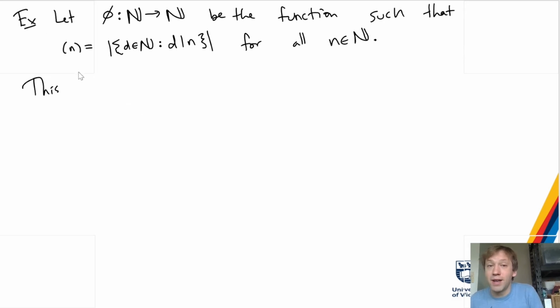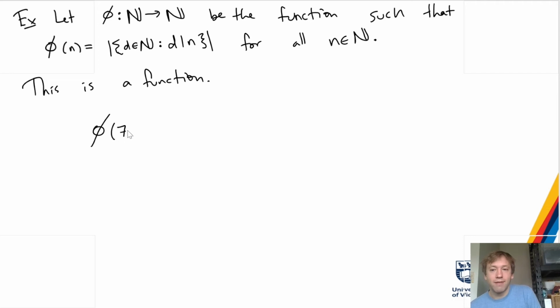So this should be phi of n is equal to that. And in some sense, this is a sort of formula for phi of n, but it's not a very simple formula. It's not just some algebraic thing that you can compute really easily. It's a kind of complicated function. But you can still compute this function.